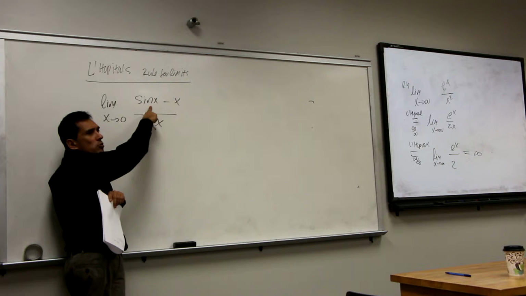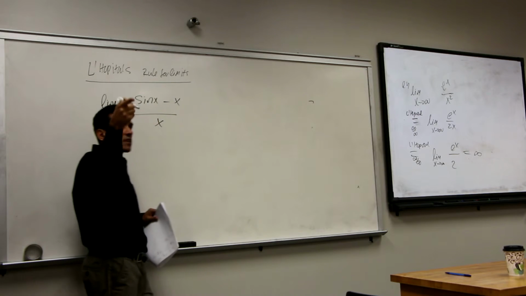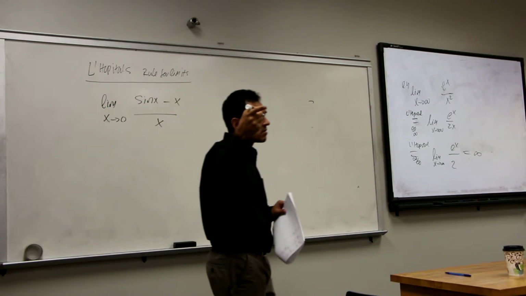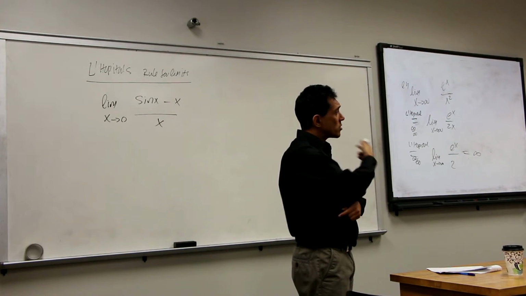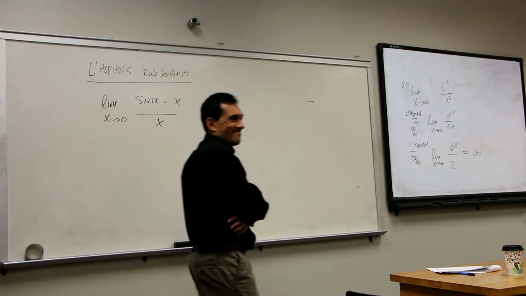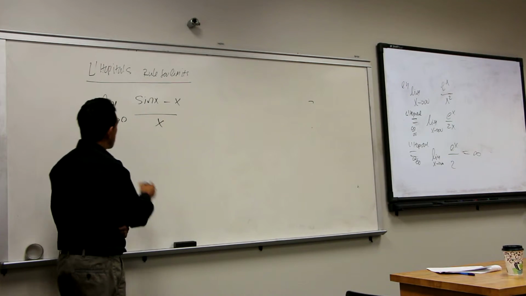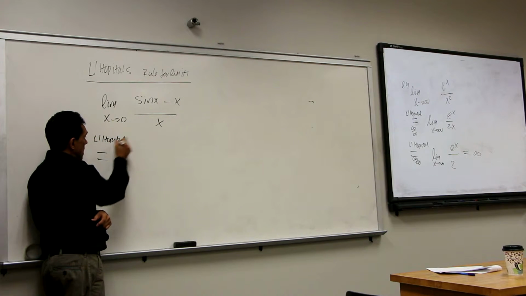As x goes to 0, sine of 0 is 0. Minus 0 is 0. This is the worst kind of limit. 0 over 0. What is 0 over 0 today? We don't know. We have to do it. We say L'Hopital's rule, 0 over 0.